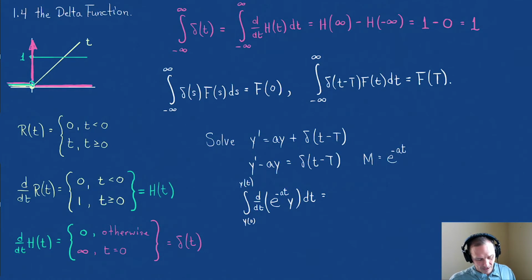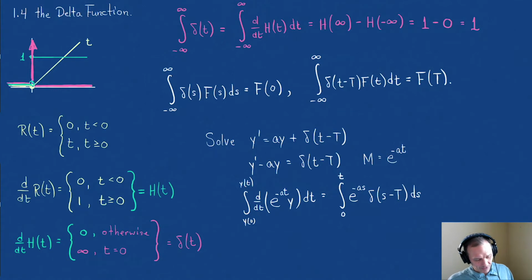And then we're going to take the integral on the right-hand side from 0 to t. And this is going to be e to the minus a, we'll use s here, as delta of s minus capital T ds.